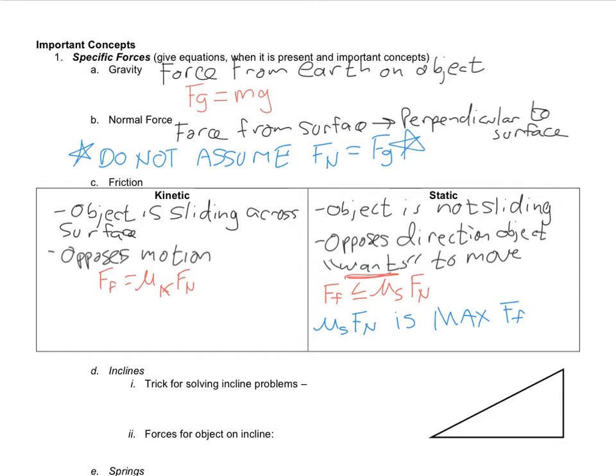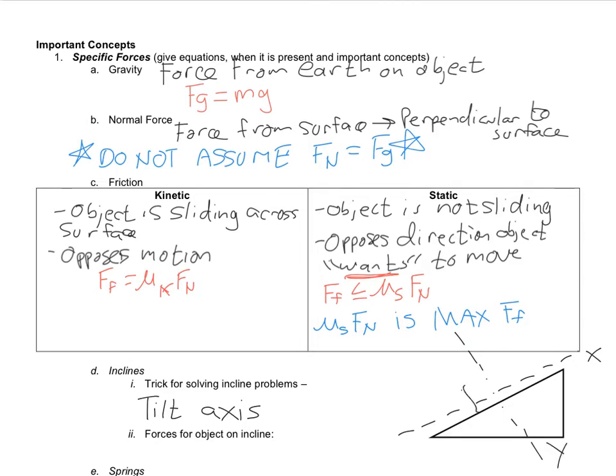Moving on, not that this is an actual force, but it's a situation, and that is an inclined plane. And we had a little trick that we did here when solving inclined plane problems, and that was we would tilt our axis. So we would have a new x-axis that was parallel to our incline and a y-axis that was perpendicular.